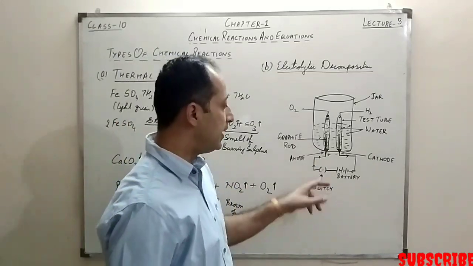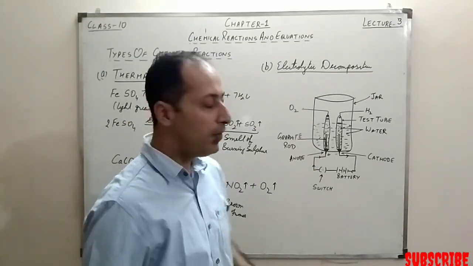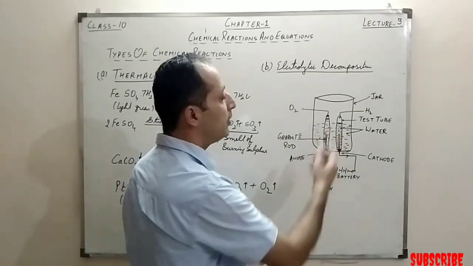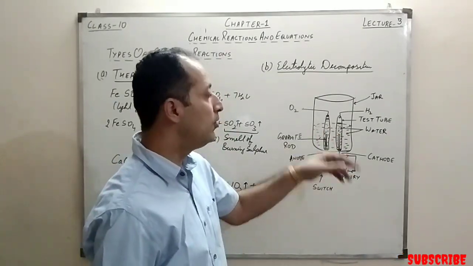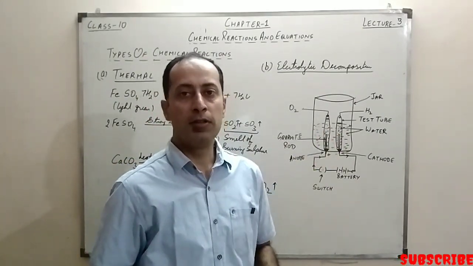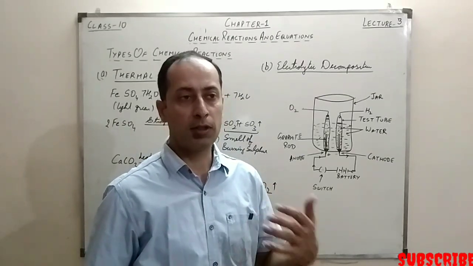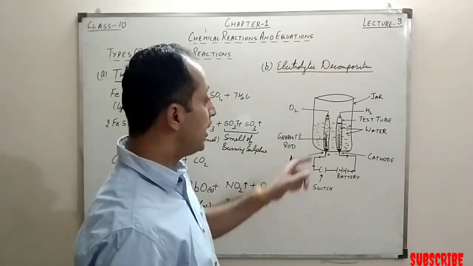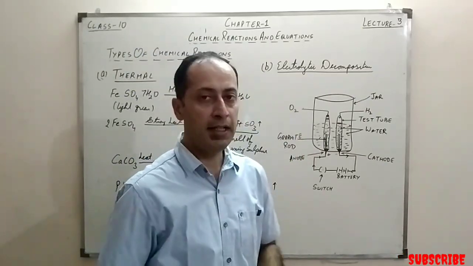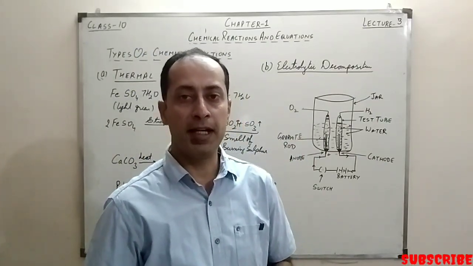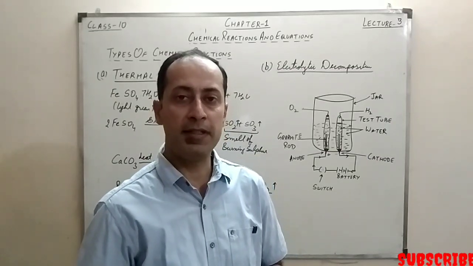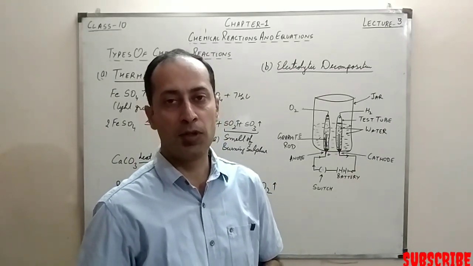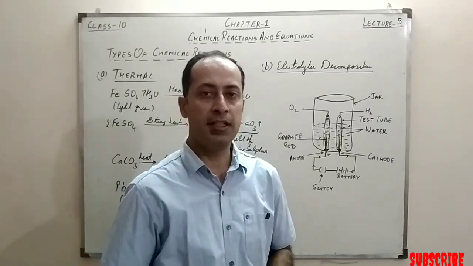Now, as soon as we pass the current, we see that there is some bubble formation in the two test tubes. Now the question is, when the bubbles form, obviously there will be some gas in it, right? On one side we see that the volume of gas is less, and on the other side the volume of gas is more. Now the question: which gas is produced where?